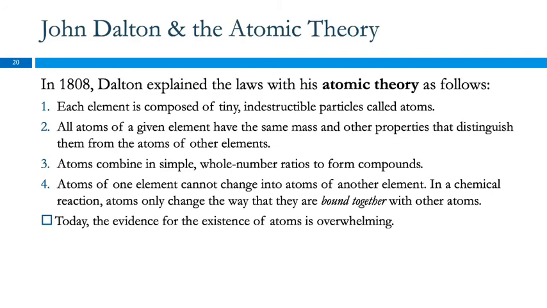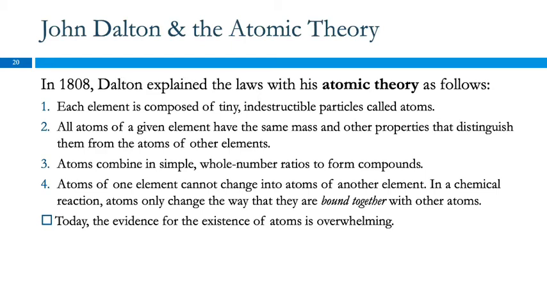Okay, so in 1808, Dalton explained these laws with his atomic theory. I'm not going to ask you to just spit this back at me, but you should understand these concepts. There were 4 points. The first is each element is composed of tiny indestructible particles called atoms.